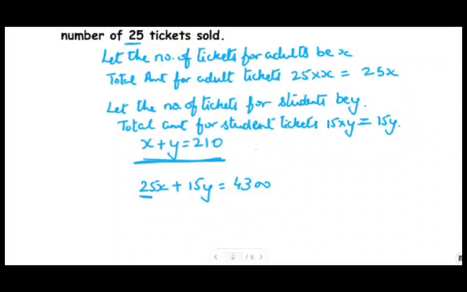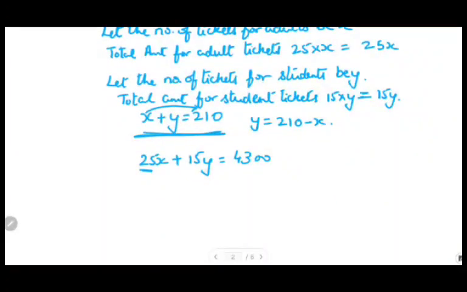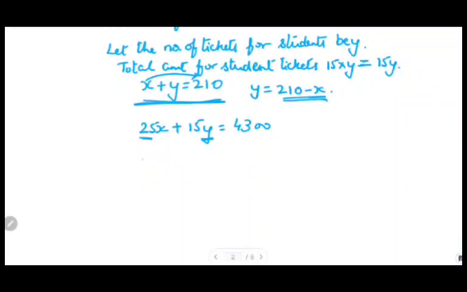I'm going to express y in terms of x. So I'm going to take this x on the other side. It's going to become 210 minus x. Alright, and whenever I get y, instead of this y, I'm going to write this. So 25x plus 15 into 210 minus x, which is equal to 4300. Alright, understood till here?